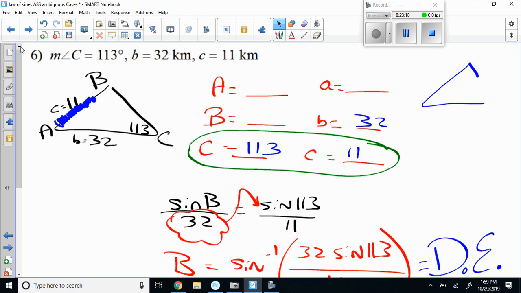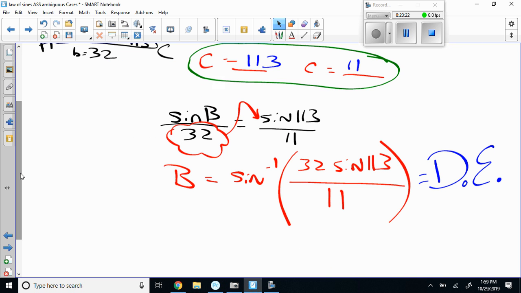DNE, does not exist, right? I got to have this. This right here is work. Why is this right here in red and black and blue work? It proves my answer. That's exactly right. It proves what you got.